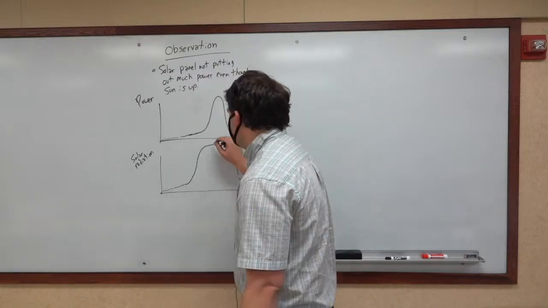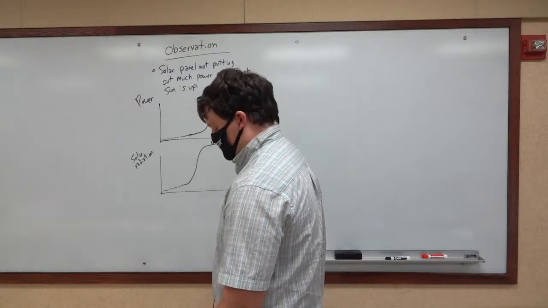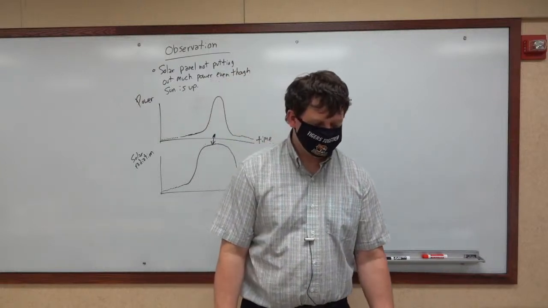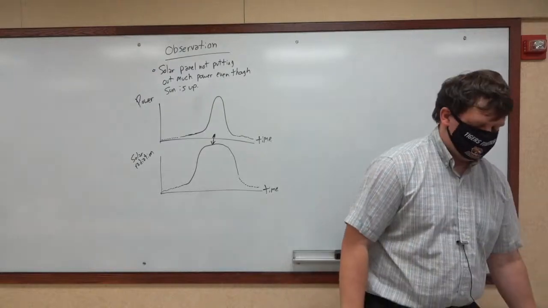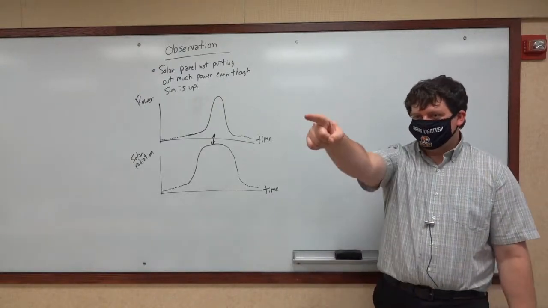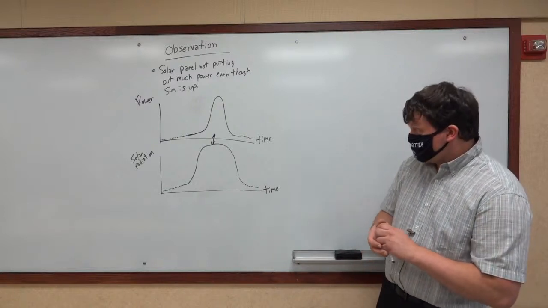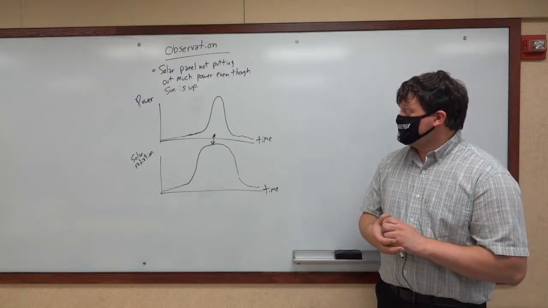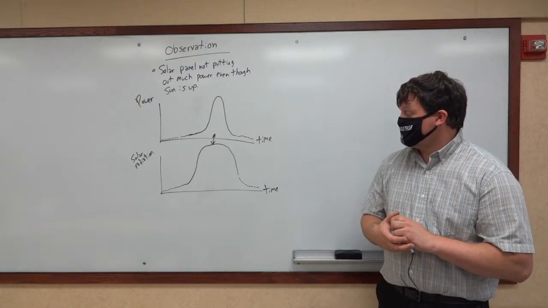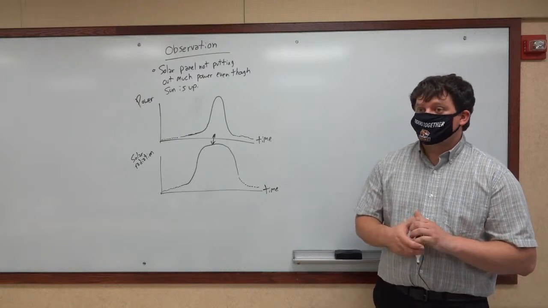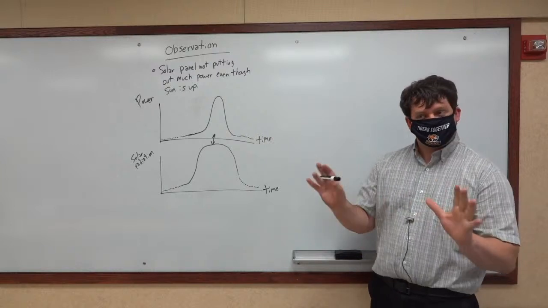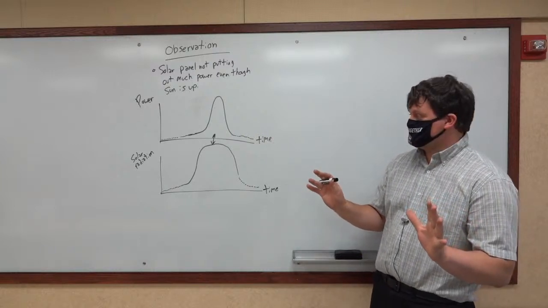And the question is, why are these two different? That's, yes, that's a good hypothesis. You're getting ahead of me now. Let's go through the scientific method. We've now made an observation. What's the next step?